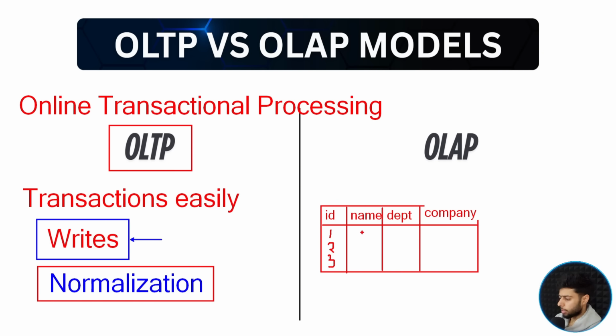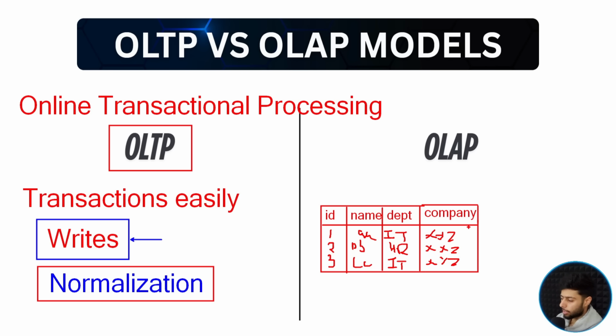The names are AA, BB, CC, the departments are IT, HR, and IT again, and the company will be the same, XYZ, XYZ, XYZ. So what happens in OLTP databases?